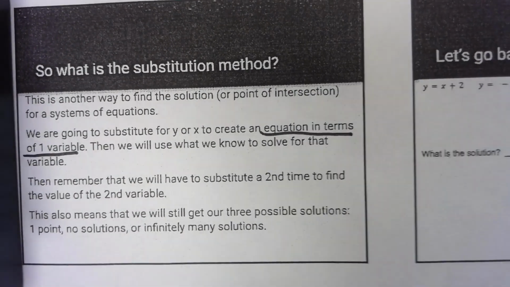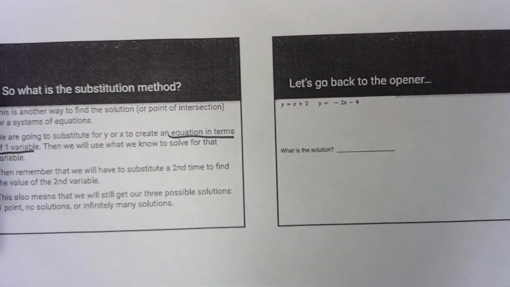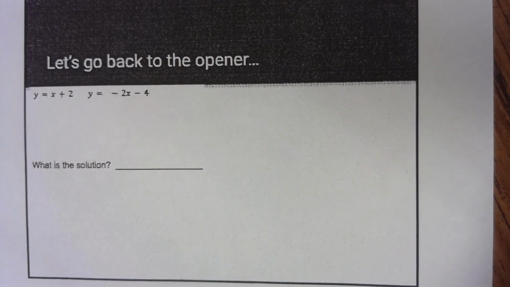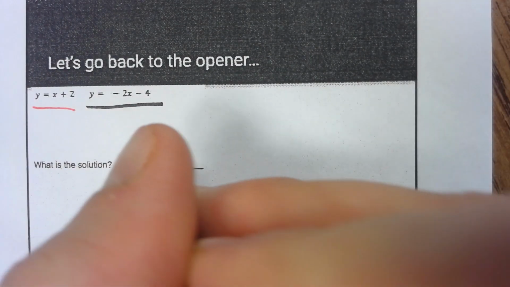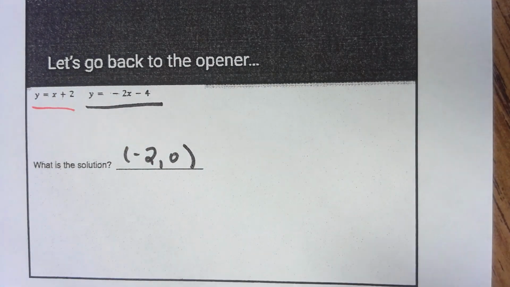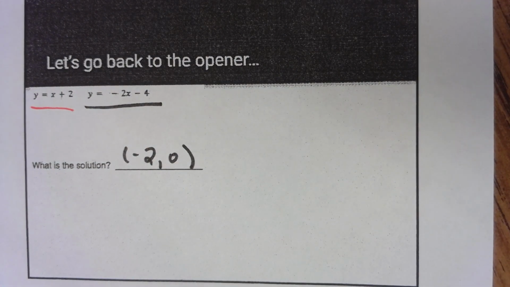As a way to introduce this, let's go back to the same equations that we used in the opener. So we had y equals x plus 2 and y equals negative 2x minus 4. And we know the solution, right? The solution was at negative 2, 0. Here's how the substitution step works.